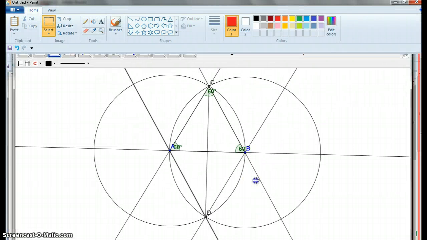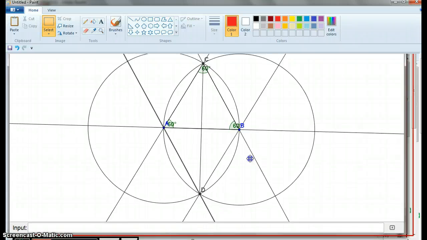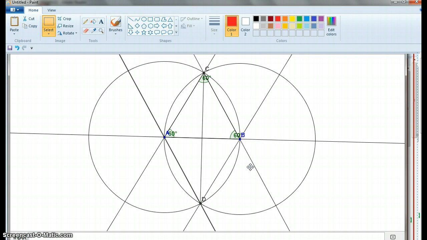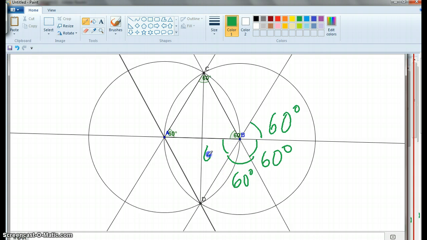So can you tell me some more angles? What's this one here? 60. What's this one? What's this one? What's that one? And this one? 1, 2, 3, 4, 5, 6. Fantastic.